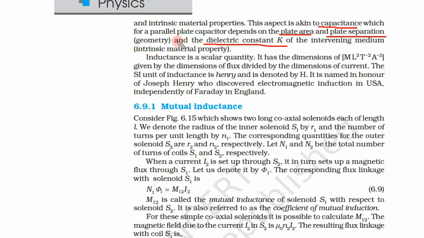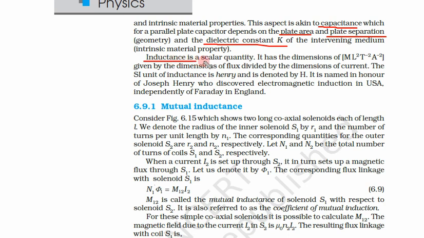The dielectric constant was the material property, and the geometry was area and plate separation. So capacitance depends on two things, geometry and material. Same thing here: inductance depends on geometry and material property.